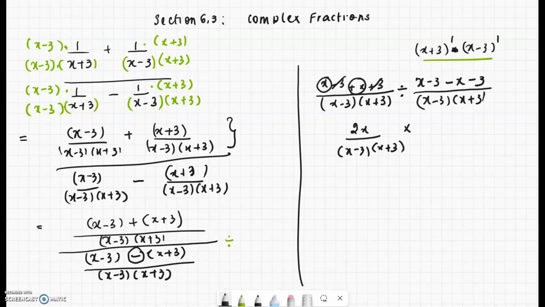times, we flip the fraction, x minus 3 times x plus 3, so this goes up. The x and the positive x and the negative x get cancelled, and negative 3 plus negative 3 is negative 6. Now we cancel common factors. X minus 3 cancels with x minus 3, x plus 3 with x plus 3.